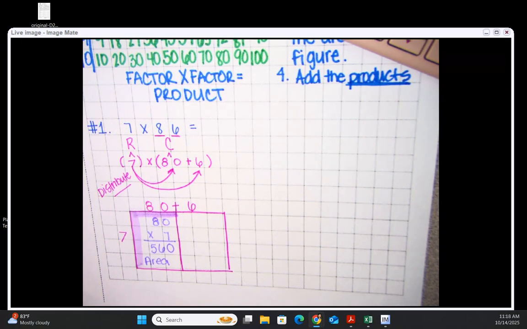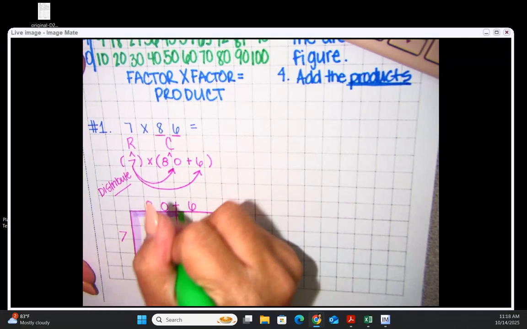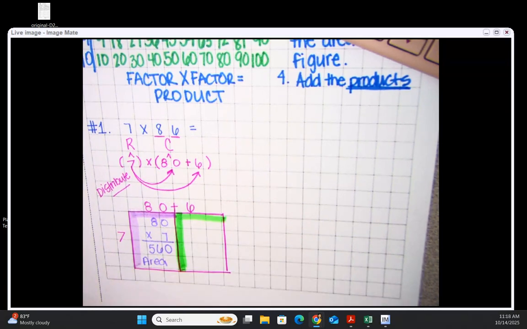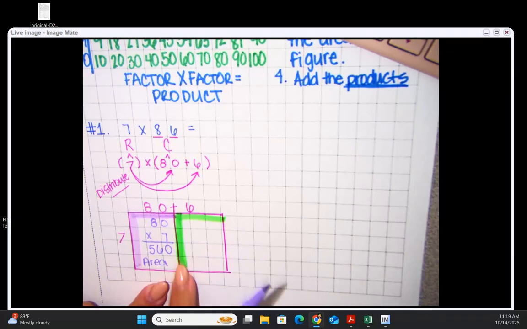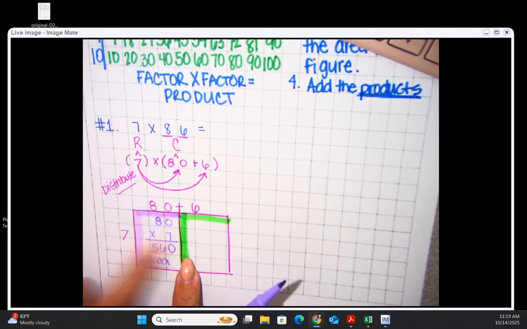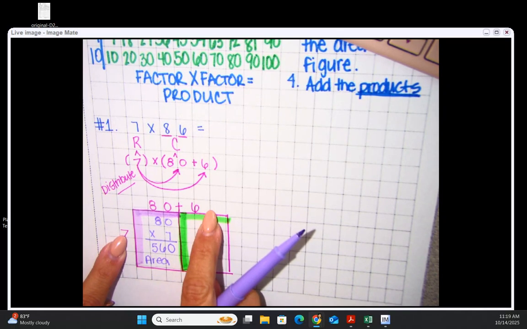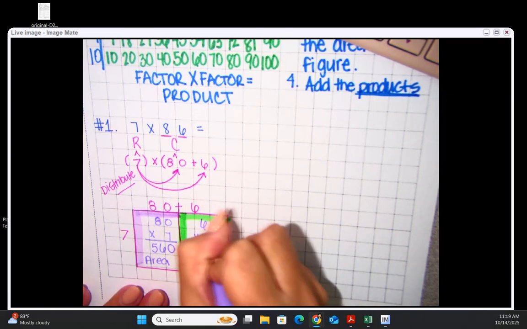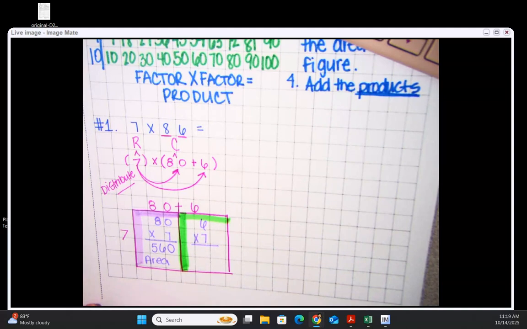Now I want to find the area of this figure right here. What am I going to multiply? Because area equals length times width. So my length is the exact same as over here. That has not changed. But now my columns are different. So I'm going to multiply 6 times 7.